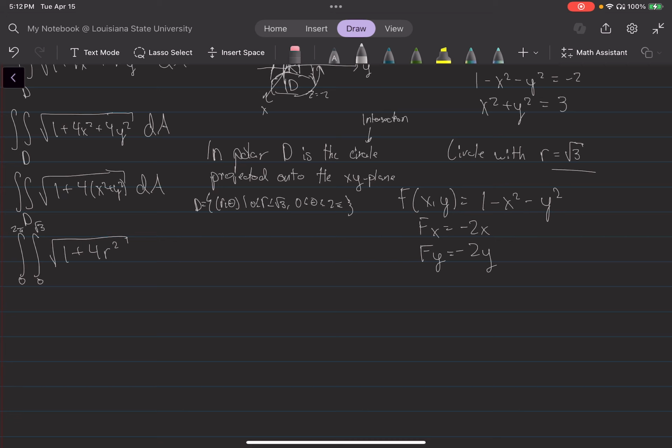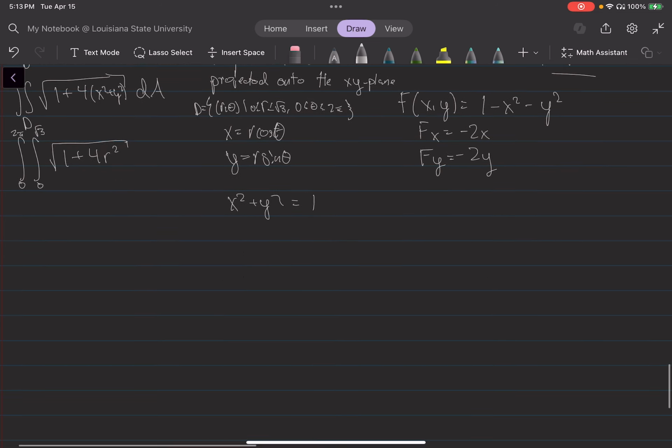In polar space, if we define x to be r cosine theta and y to be r sine theta, then x squared plus y squared gives us r squared by the Pythagorean identity.